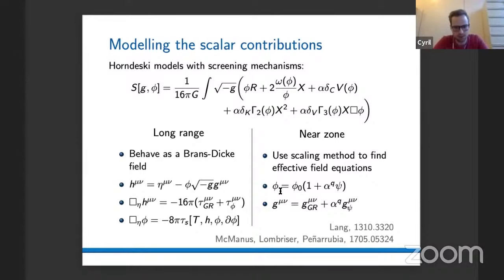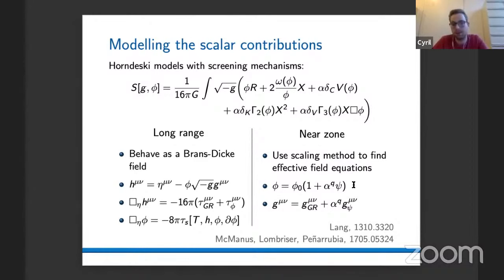How it's done, usually, you take the scalar field around its background value phi 0, and you add a small contribution alpha, the same alpha as before, to the power of q, and q is a number that is uniquely defined for each screening mechanism. We'll see just after a bit how that works.